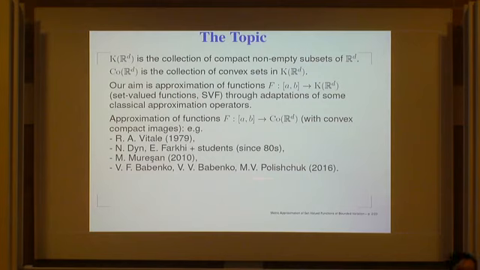from Ukraine and the United States, Vladislav Babenko, Vera Babenko, and Maria Polishchuk, a recent paper where they did some kind of trigonometric approximation, well, maybe I shouldn't go into much detail. So what is a trigonometric polynomial for set-valued functions? Even this is not known.